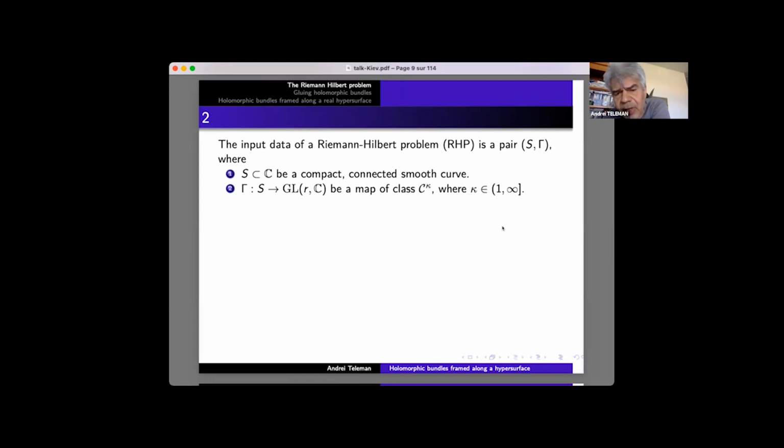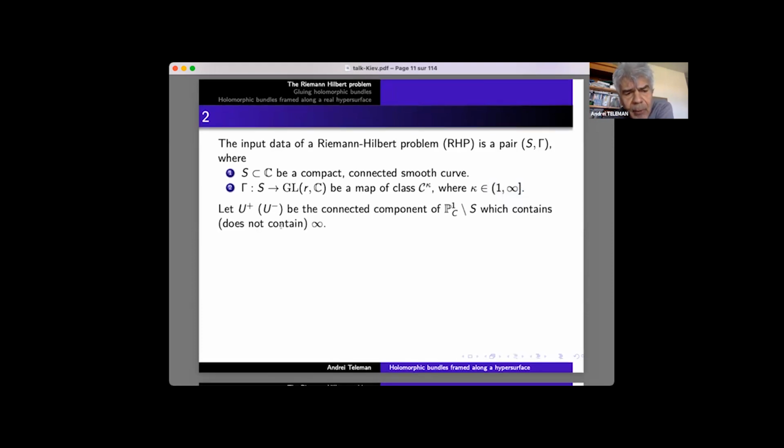As you see here, I work with a not necessarily integer differentiability class. When kappa is non-integer, I mean differentiability in the Hölder sense. I will not insist on these analytical technicalities, although probably analysts present at the conference will be interested to see more about this.